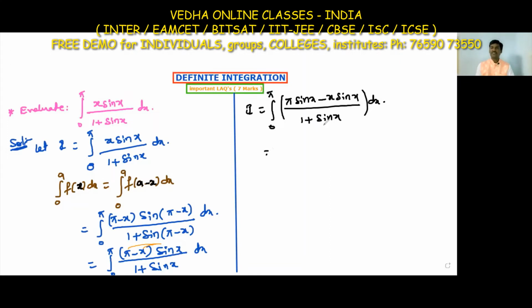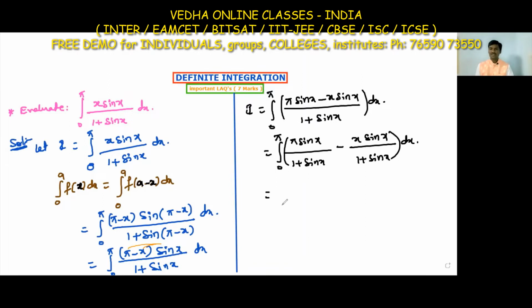Now if we separate the denominator, integral of 0 to pi as it is, and pi sin x divided by 1 plus sin x minus x sin x divided by 1 plus sin x, whole dx as is.